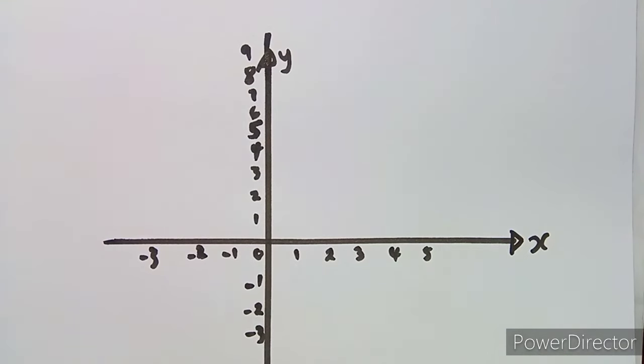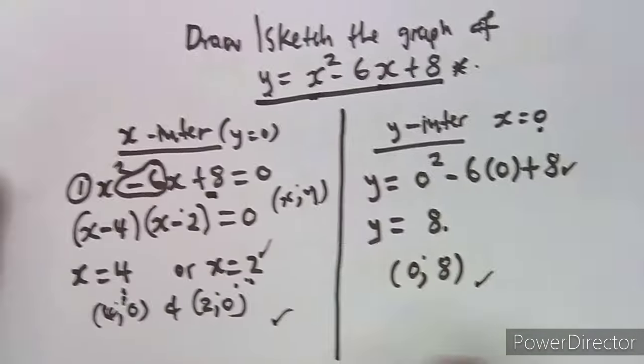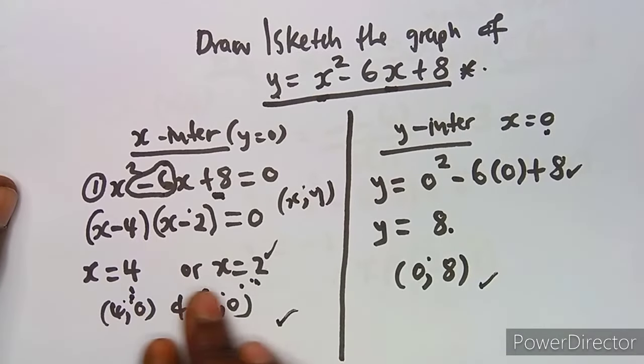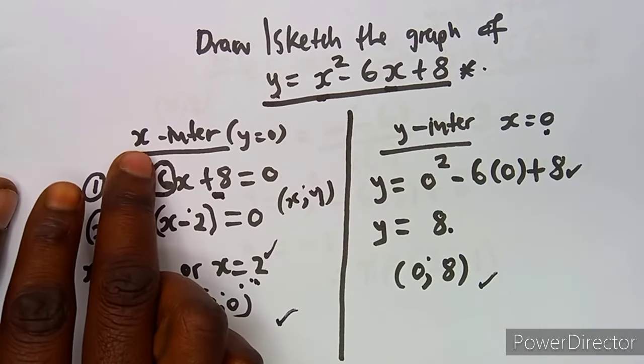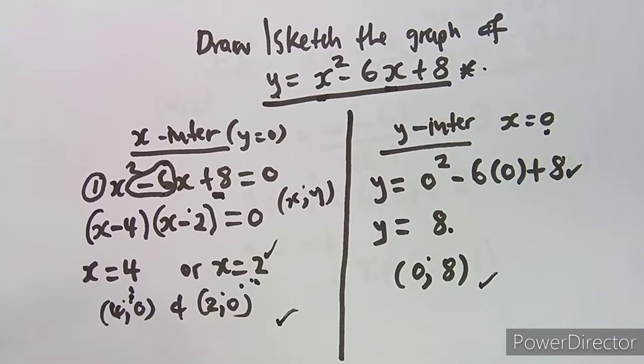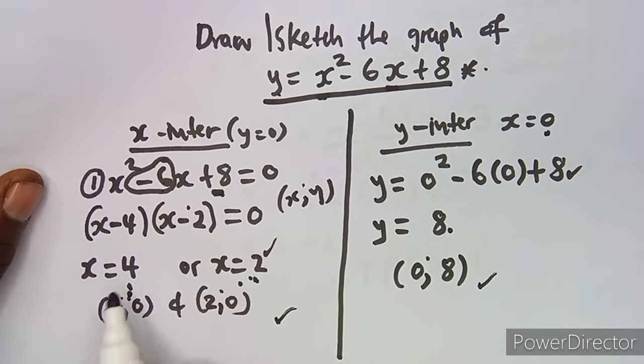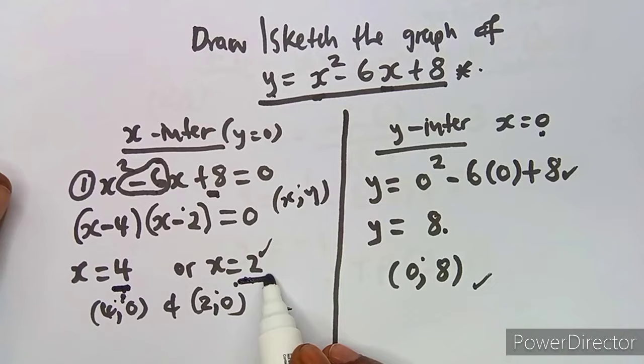Okay, so you're going to mark your points. Let's mark our points, guys. First we have our x-intercepts, which is at 4 and 2 in the x-axis. So you're going to mark x-intercept. It's a point which lies in the x-axis. So in the x-axis, x is equal to 4 and another one is 2.